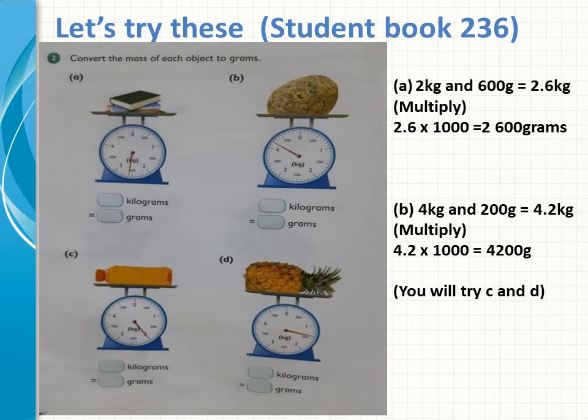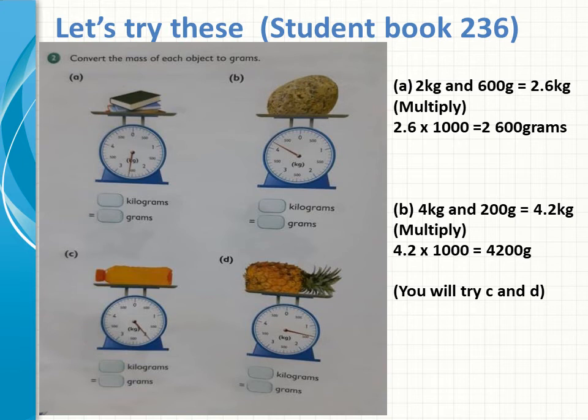And since we're converting to a smaller unit, we have to multiply by 1,000 and our answer will be 4,200 grams.